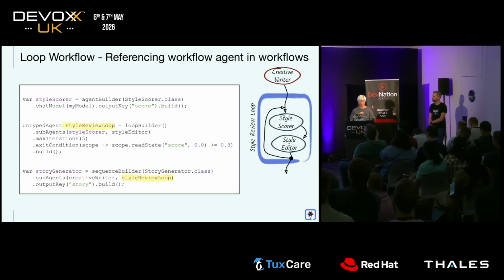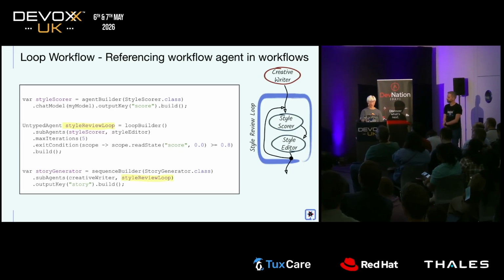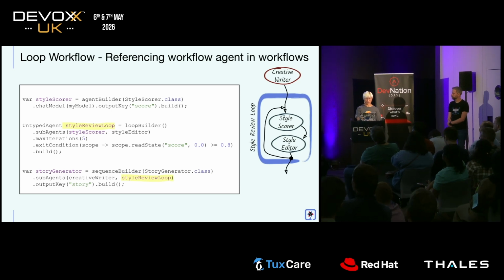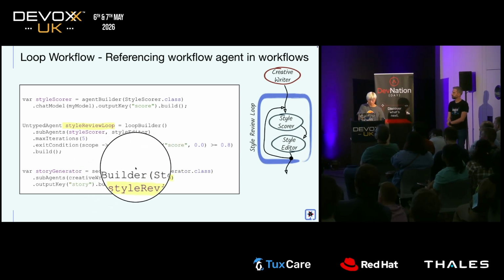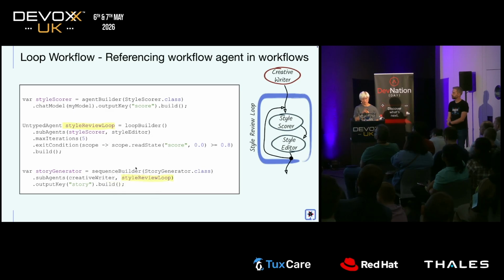So the referencing here is the same thing, and then you can print the story generator underneath here. There we go. So you can print a sub agent and then with this style review loop. Kevin is going to show a live demo soon, and he'll show how we combine this multi-agentic pattern.